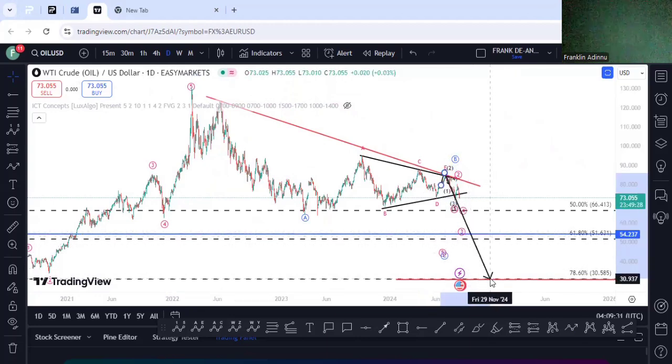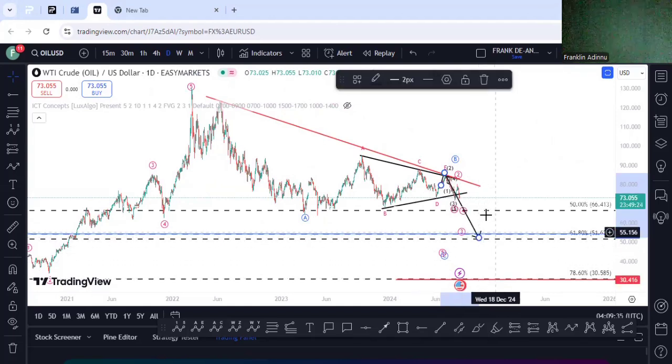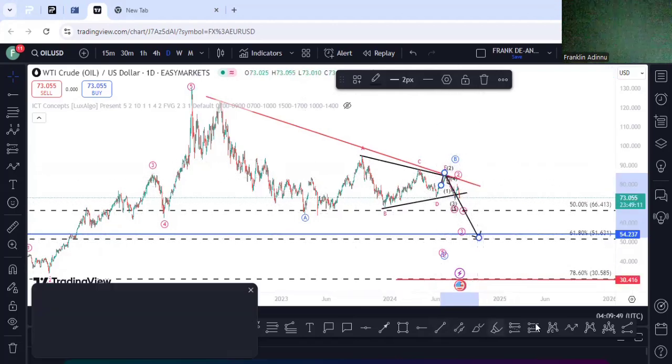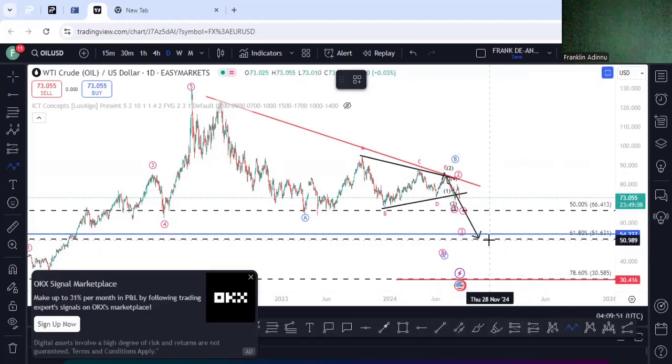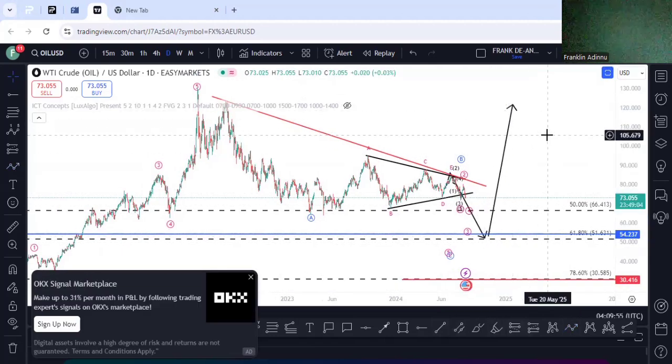But I expect it to end at this place because wave A has approached 50%. So this wave B is here, a triangle. After wave C drops here, buying will continue from this side up again. So that's how Elliott will move.